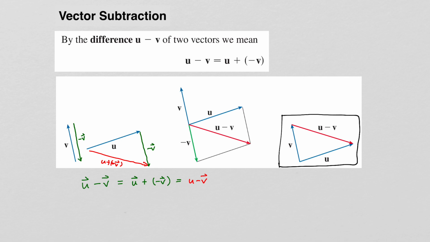So the easiest way to subtract two vectors geometrically is to draw both vectors starting from the same point. So vector u is here, vector v is here. Then we simply connect the ends of those vectors, and u minus v is always going to point toward the first vector. So u minus v would be this vector right here.